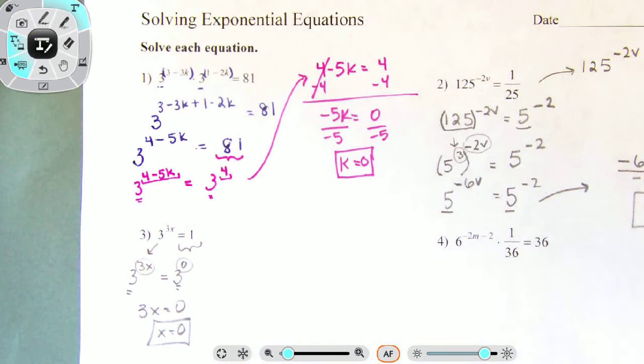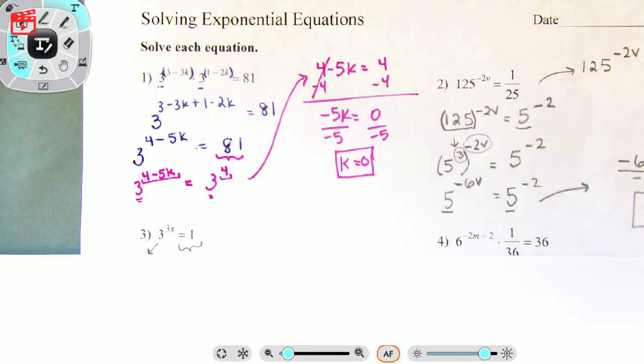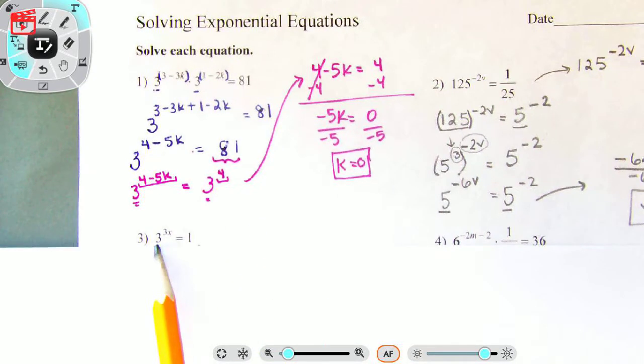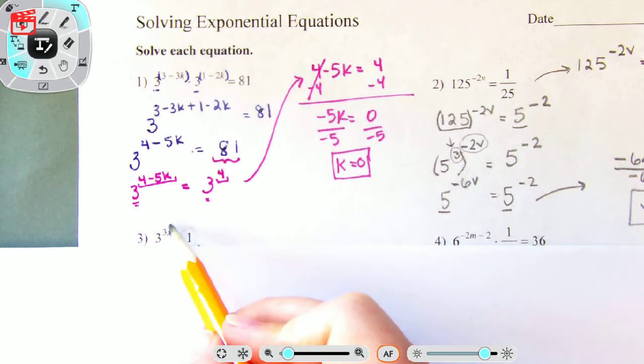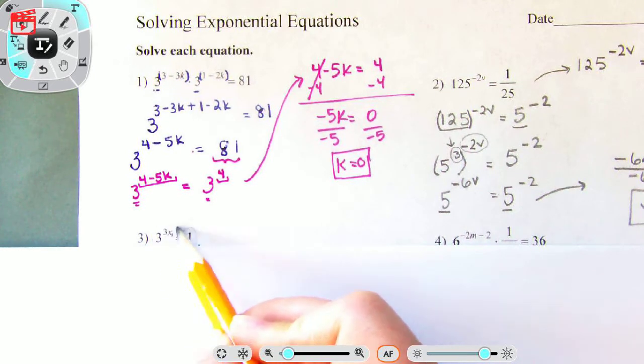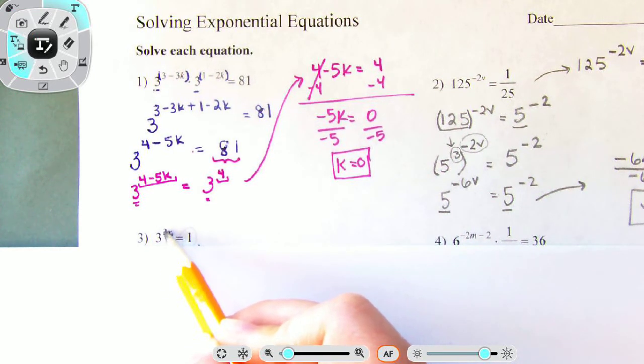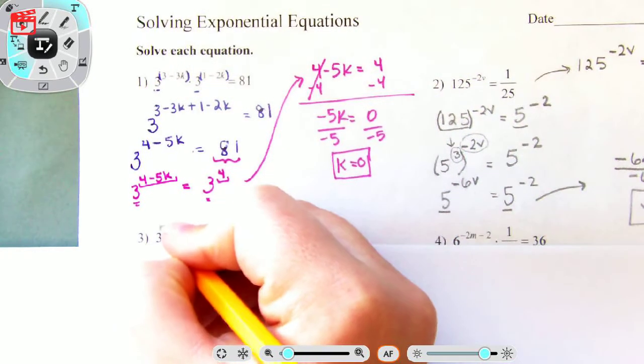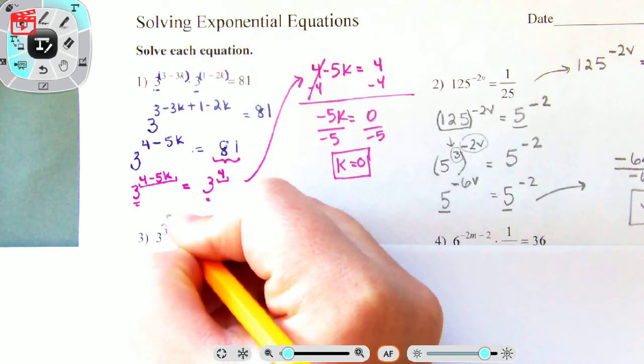Now, you did not have to do it this way. If you go back up to the first step here, 3 to the power of 3 times x is equal to 1. The only way that this can be equal to 1 is if this section right here is equal to 0.